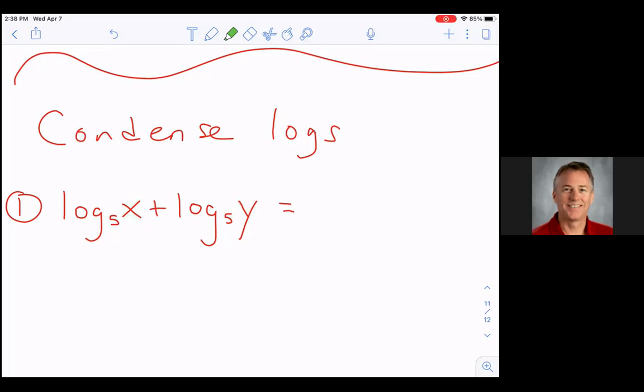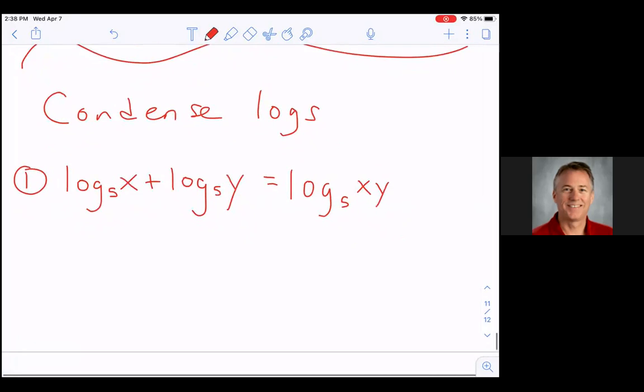So I can write this as log base 5 of x times y. So when you condense them, addition becomes multiplication. Subtraction then would become division.